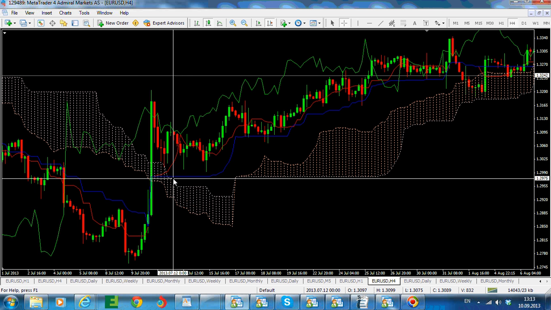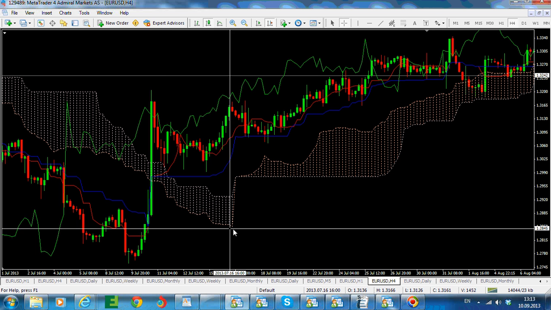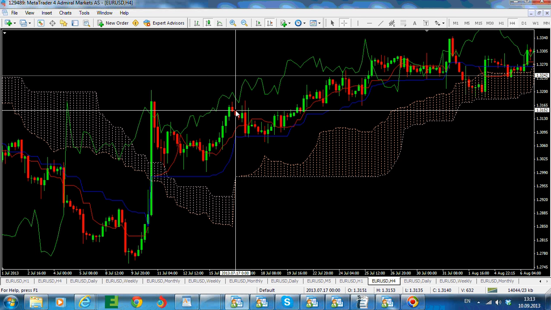So from this moment of time, the cloud is green, so the cloud needs to turn the color. The cloud turns the color only here at this moment of time. And the Chikou line is above the candles 26 periods ago, basically having no possible resistance in front of it, above the candles and above the cloud, I would say.